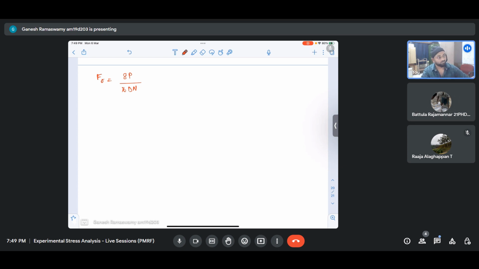I think sigma 1 minus sigma 2, if you see, for a disk under diametral compression, if you see the stress field equation, and if you consider the center point, which is x equal to 0, y equal to 0, then this will come out to be 8P by pi D h, where h is nothing but the thickness.